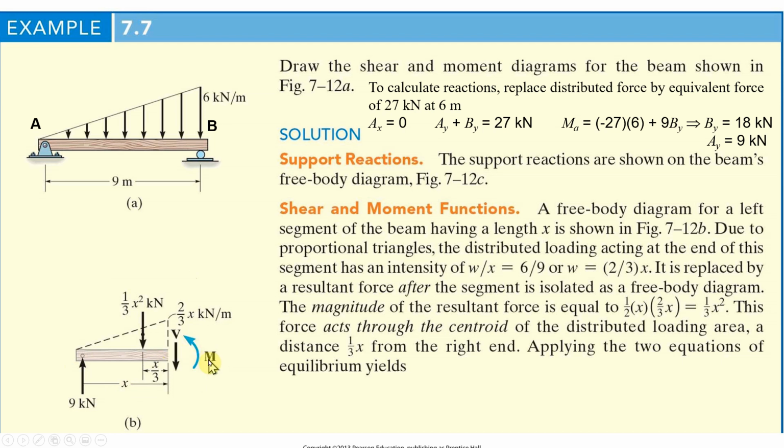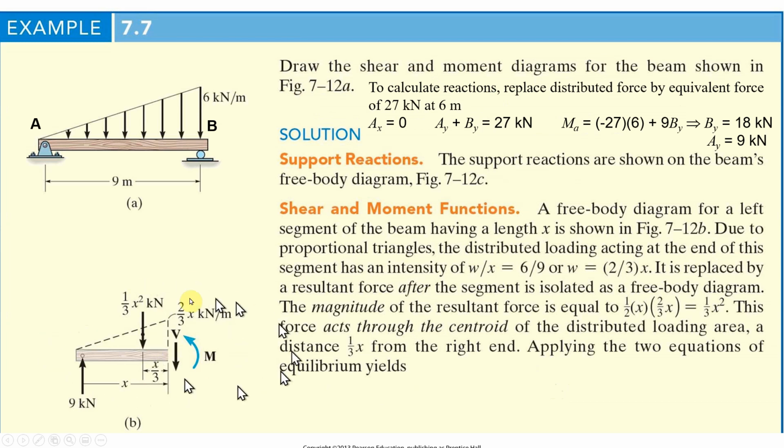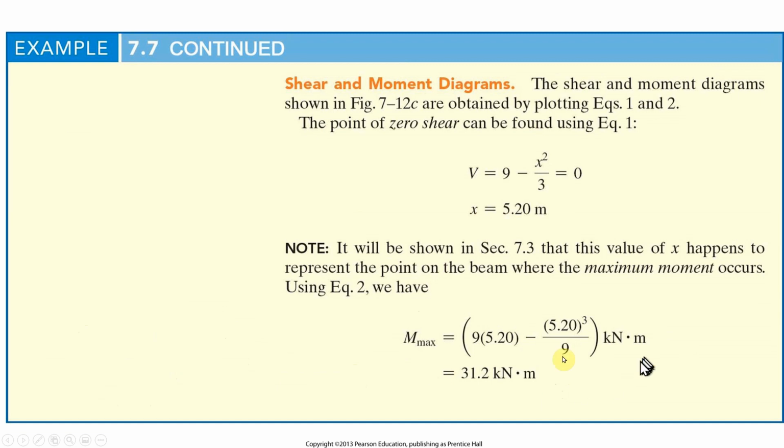That would be your moment. 9 times x, there it is, minus x cubed over 9. And they didn't actually derive the equations for the moments. So I just talked you through it. Replace 5.2 with x and you get the equation for the moments.